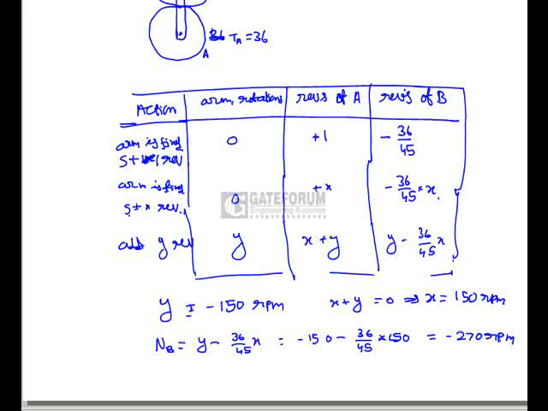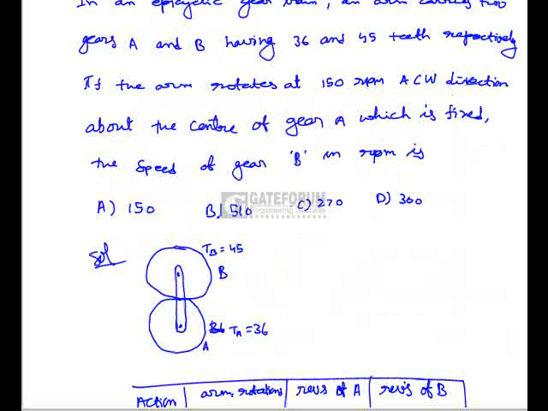But here the question just asks the speed of gear B in rpm. He didn't ask whether it is counterclockwise or clockwise. So the answer is just 270 rpm and the option is C.